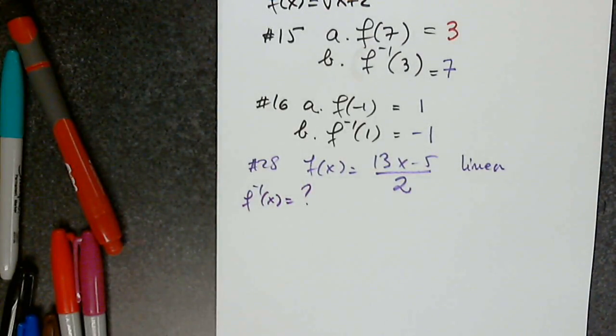It's a 4-step procedure. So let's find f inverse. Now you have to show all the 4-step procedure for the inverse.